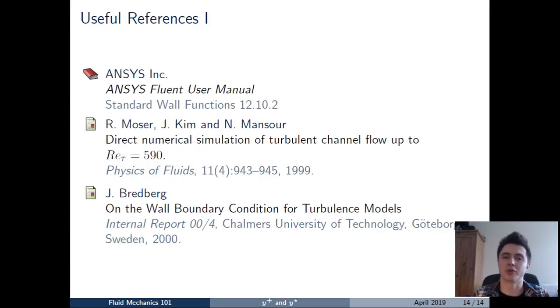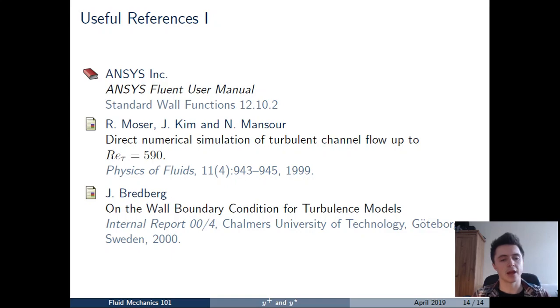And just a few useful references for you. I've got the ANSYS FLUENT user manual, and you want section 12.10.2 if you're looking through the manual and you'd like to see their guidance directly. And then in terms of papers, there's the original paper by Moser, Kim and Mansour, which shows how the experimental measurements for the wall velocity profile were derived, and you can also find a website that they host where you can actually get access to the raw data yourself if you'd like to have a look and plot those profiles.